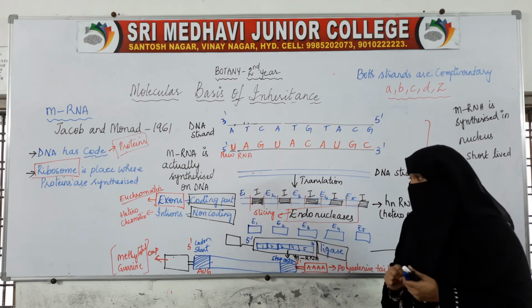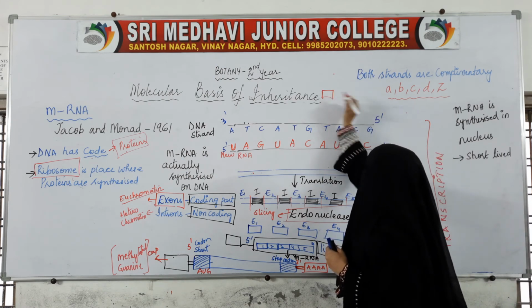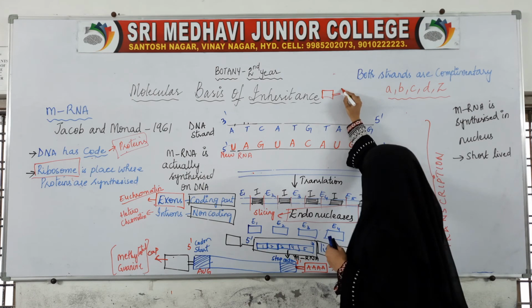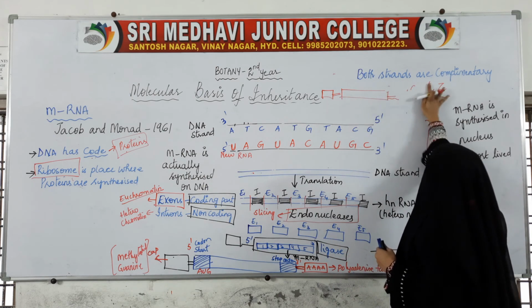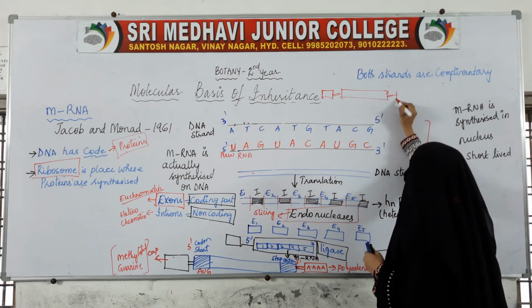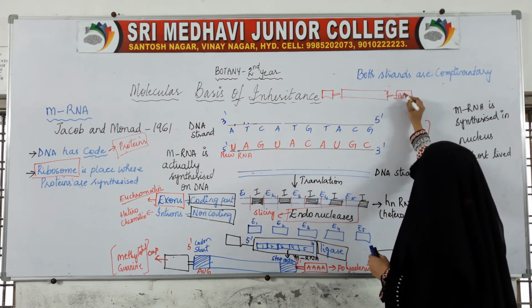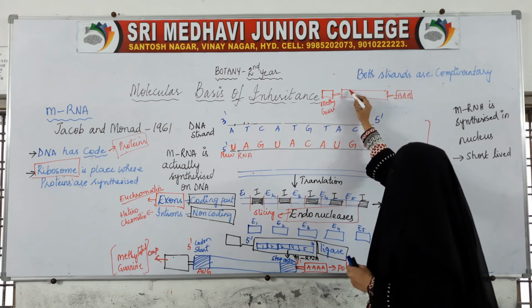This is the stable structure of mRNA, that is cap, then the coded part, then the tail part. Tail is polyadenine, and this is methylated guanine. So this is the coding part.